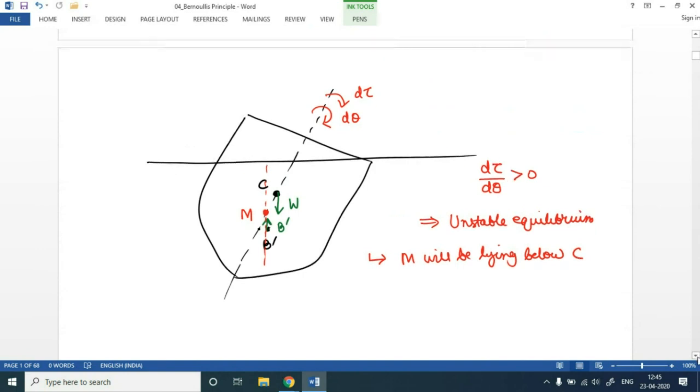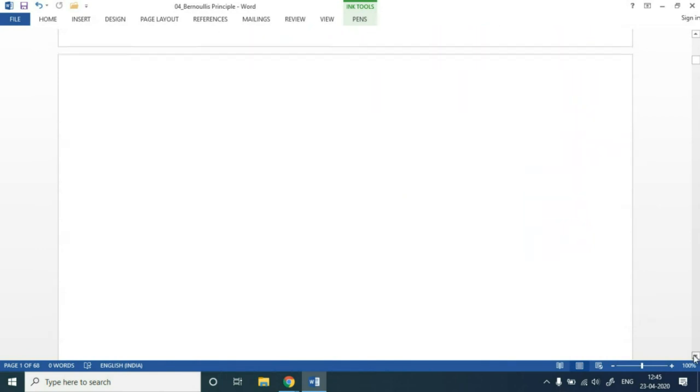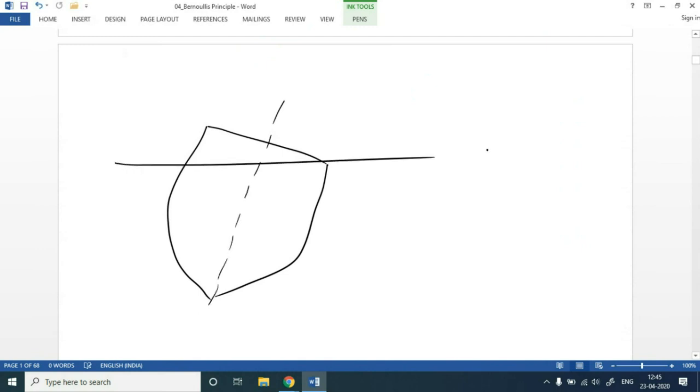Another situation is the condition for neutral equilibrium as well. Let's look at the geometry of that also. Let's say this is the body, this is the line of symmetry, and it is floating over here. This is the center of gravity, and the center of buoyancy has shifted to this position.